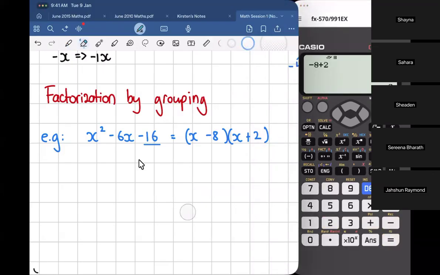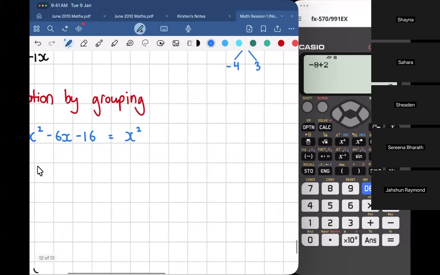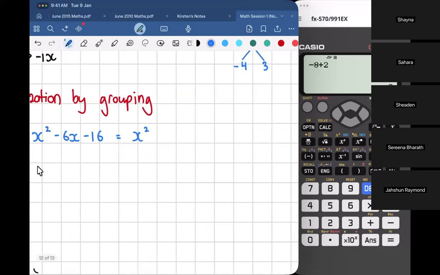Now, another way you could work this out is by splitting the middle term into two terms. Let me show you what I mean. Shay, how could I split minus 6? Take a guess.